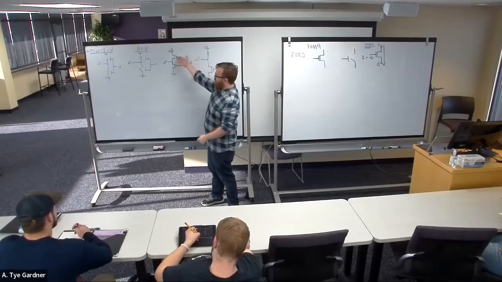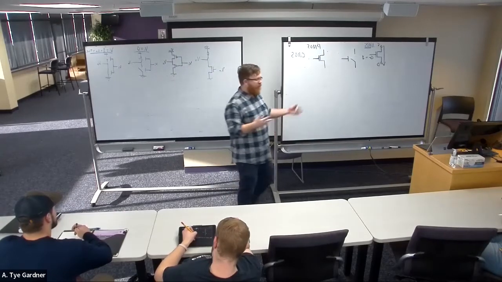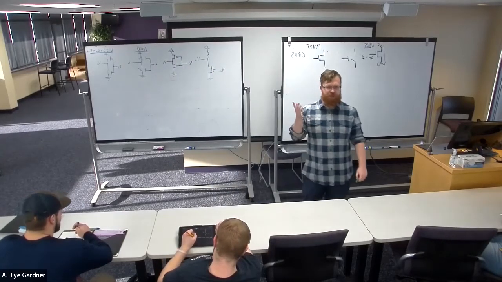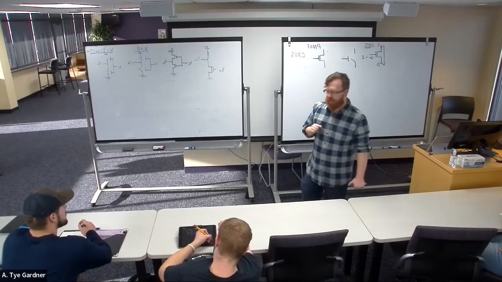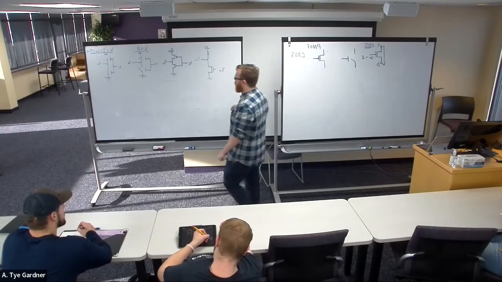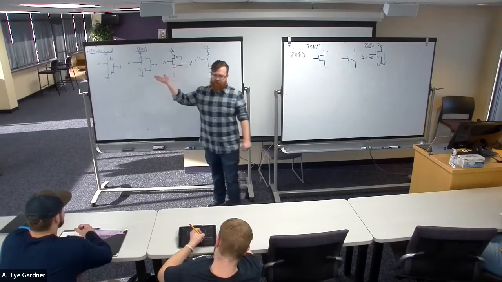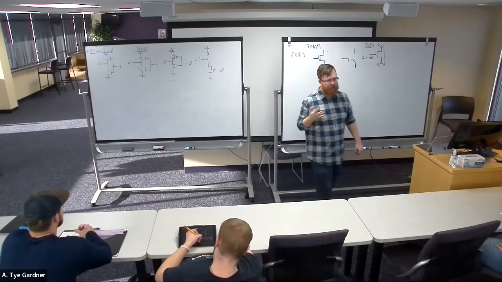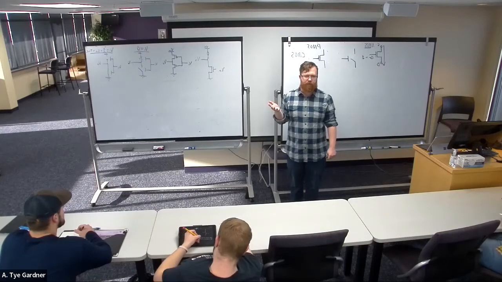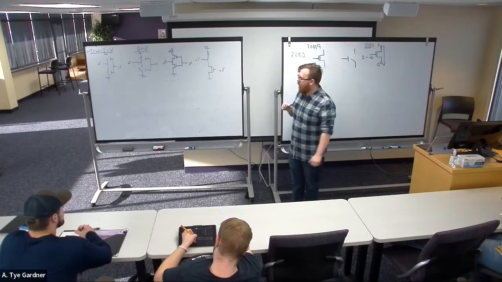If I put the NMOS up here, it will never be able to turn on because device physics says so, and it's inconvenient, and you'll eventually learn about that. I believe in 3110 is where they go into it first. So this is just memorization for us. We don't have to understand yet. That's the first step to learning sometimes: just memorize what has to be true, and then we'll go figure out why later.